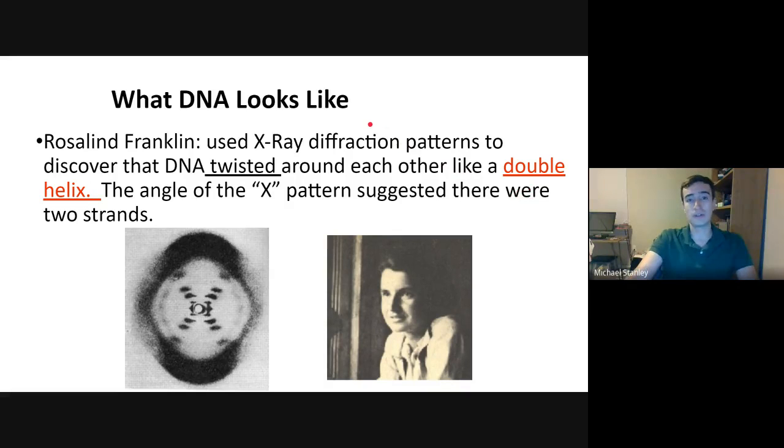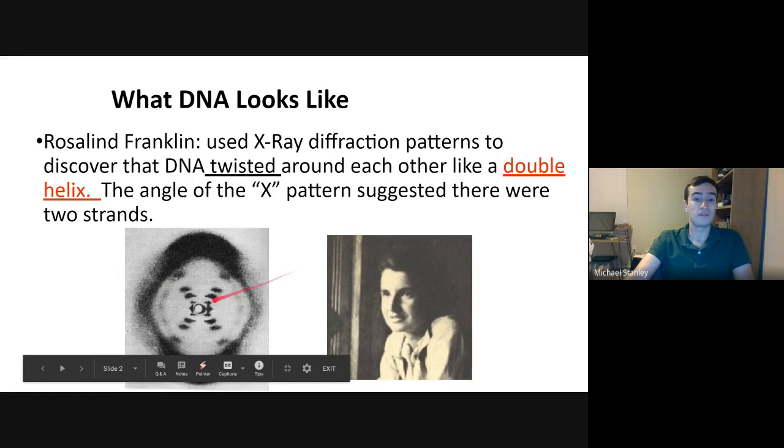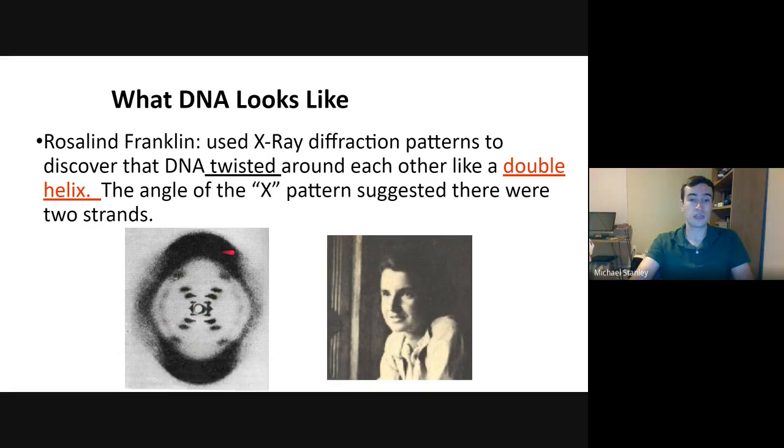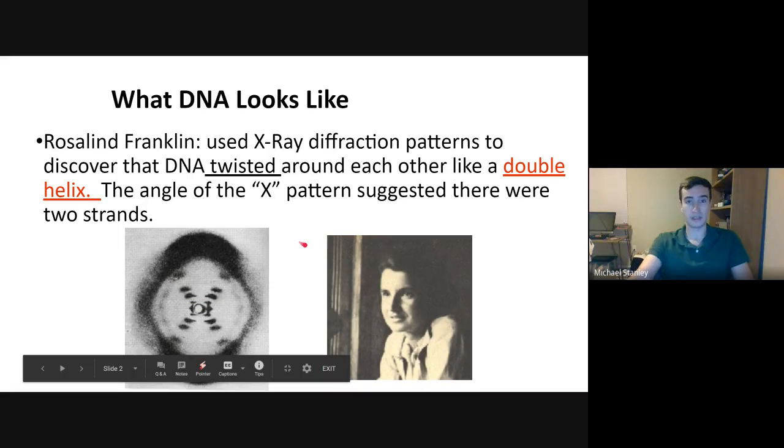It wasn't until the 1950s that a scientist named Rosalind Franklin used a special type of photography and visualization called X-ray diffraction. And she got this famous picture of DNA showing how it twists around itself. So she got this X-shaped picture, which led to the idea that there are 2 strands that cross over with each other.